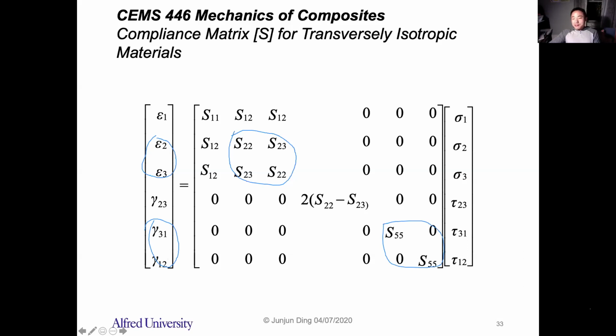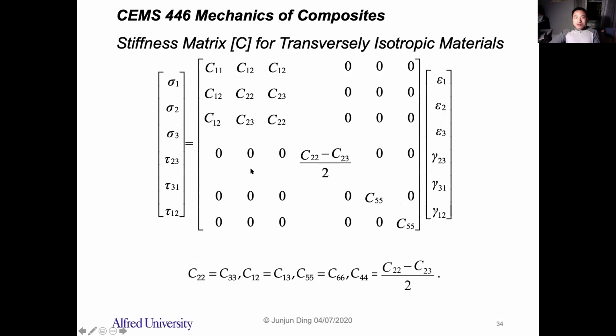That's the same. So here you have fewer independent constants in the transversely isotropic material. You can count how many independent constants here. The stiffness matrix also got simplified here, especially this area and this area.